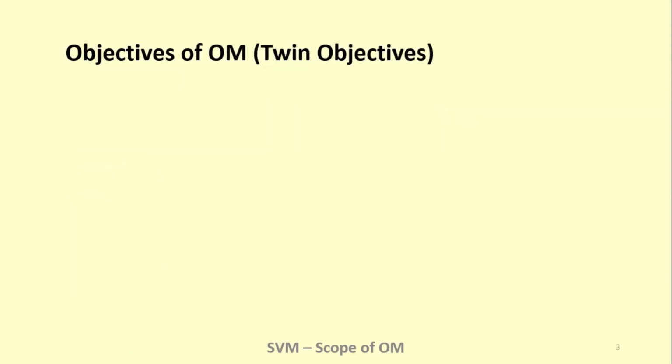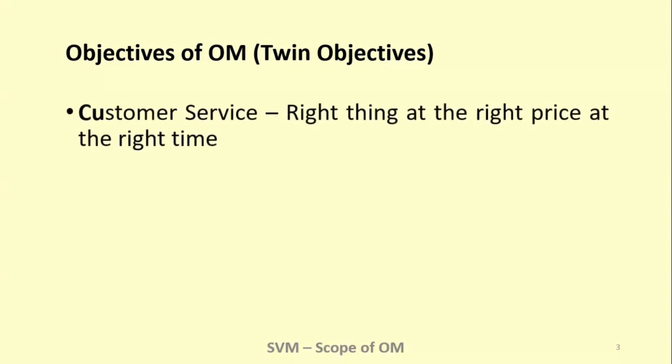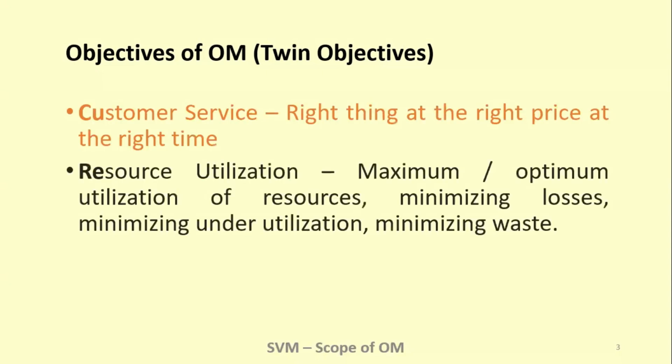There are two objectives, which we call twin objectives of OM. We can just think about the word CURE. CU stands for customer service, and RE stands for resource utilization. Customer service is about the right thing at the right price and at the right time you are planning to deliver.